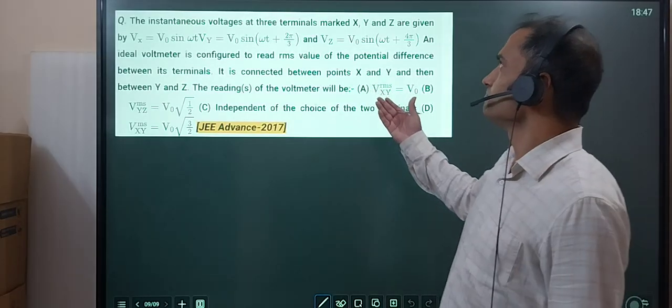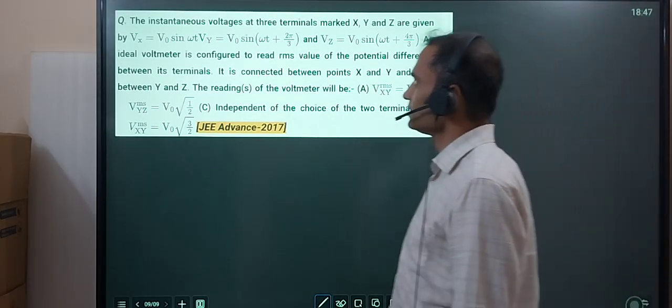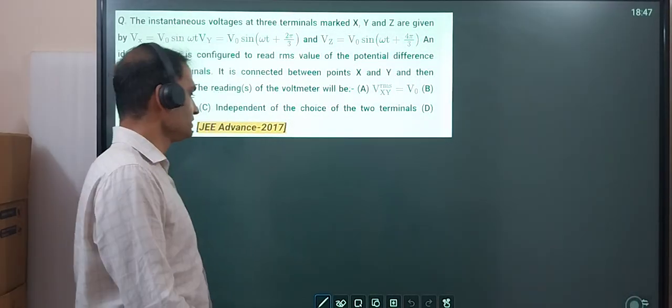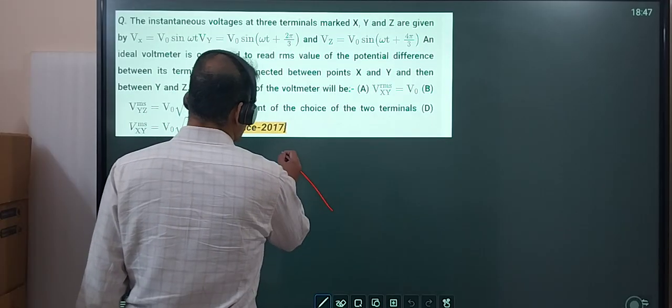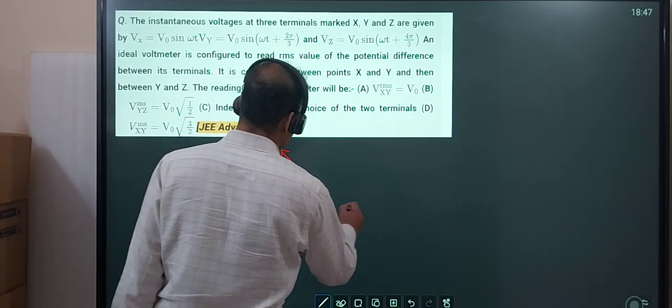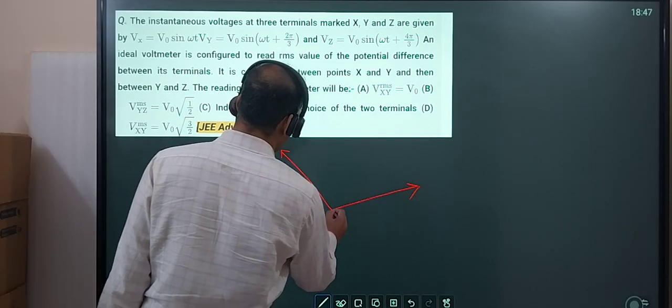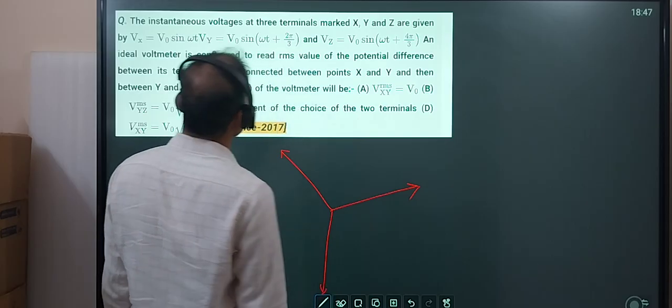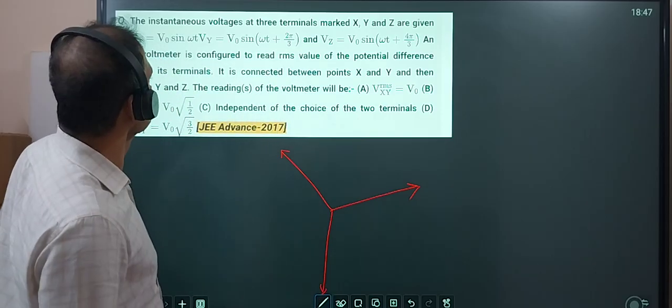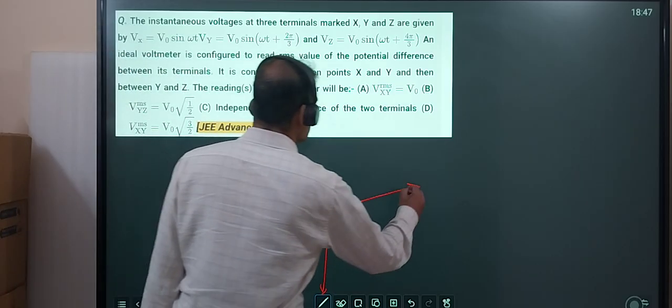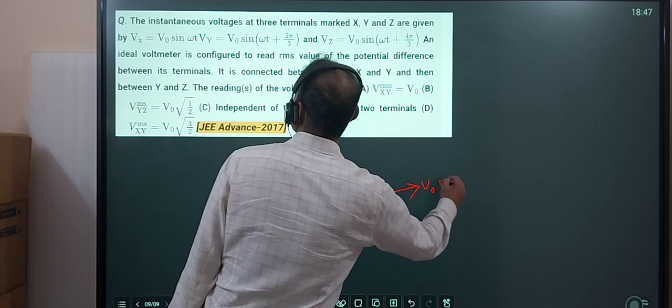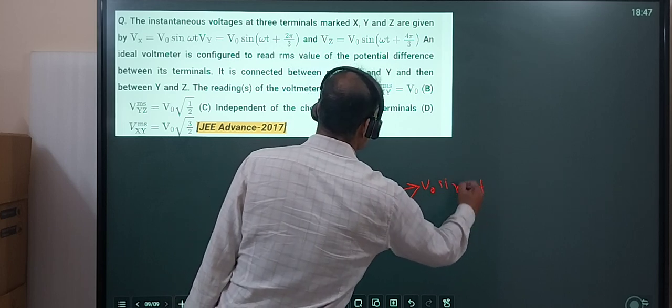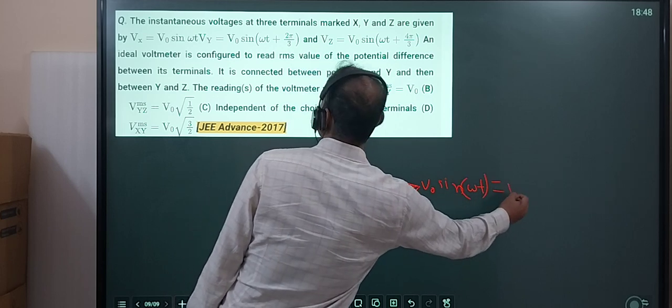So we have three voltages. Okay, it is like three phase AC. We have discussed, and all of them are at angle 120 degree. So this is V naught sine omega t. I will call it Vx.